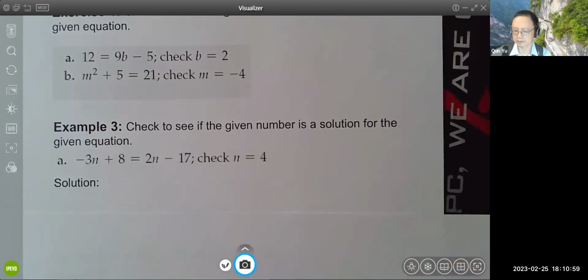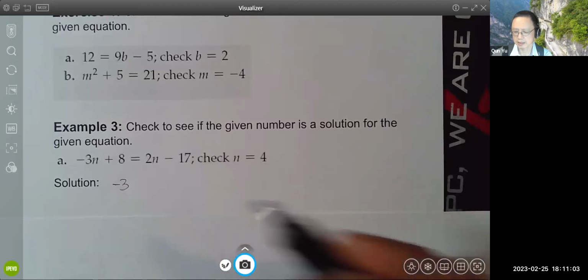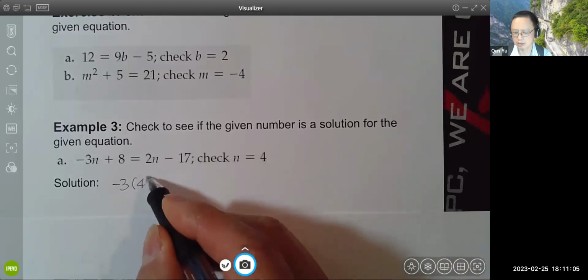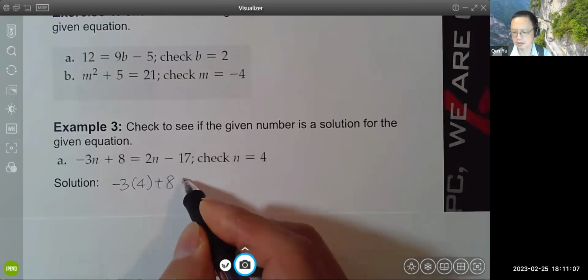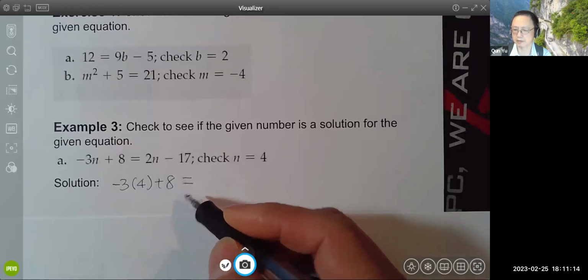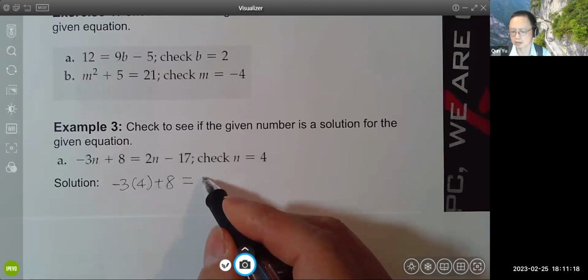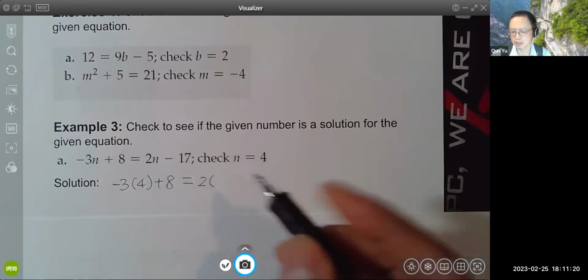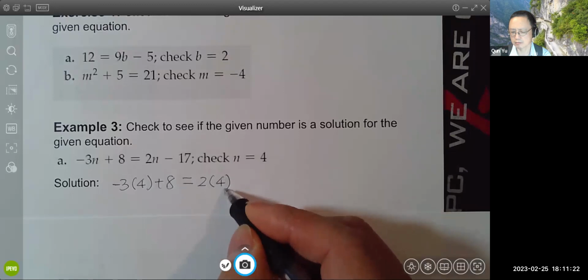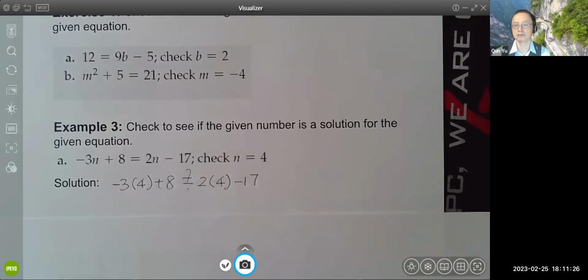So let's do that. On the left-hand side, -3 times 4 plus 8 equals, for now, say, a question mark here, because we want to see if this 4 makes both sides equal. On the other side, 2n, which is 2 times 4, minus 17, we want to know if this is equal or not.